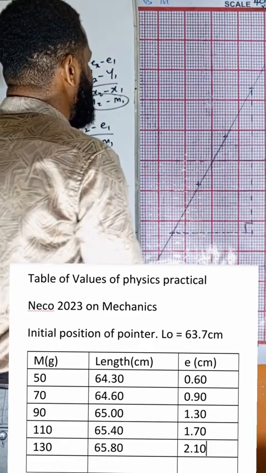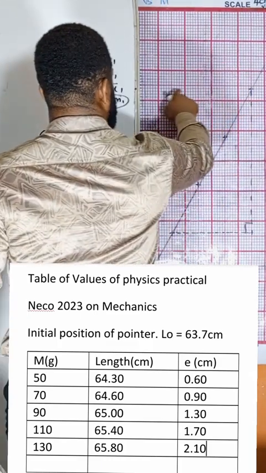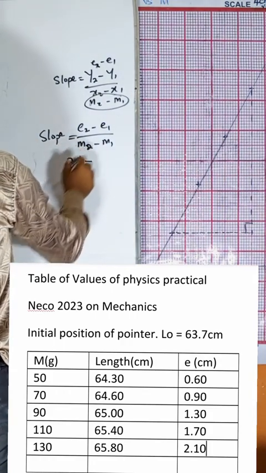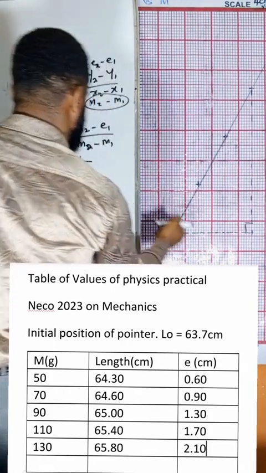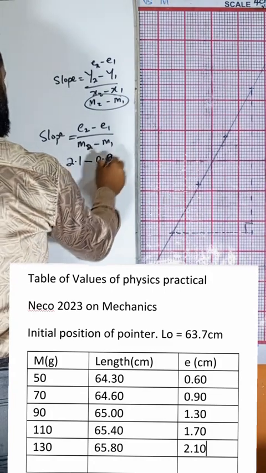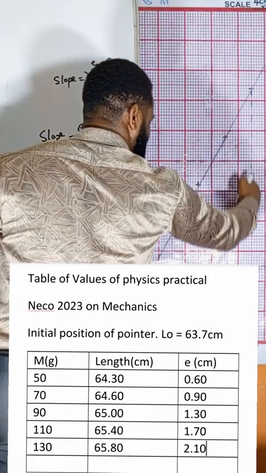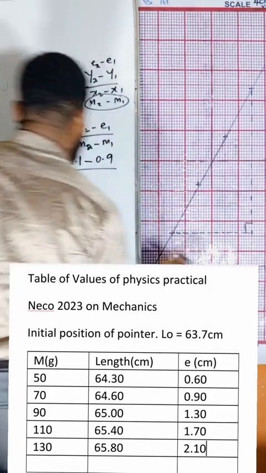Now, on my vertical axis, this first line corresponds to 2.1. I will show you later. 2.1 minus, this one corresponds to 0.9, all over M2, this line, if I trace it down, you have 130.